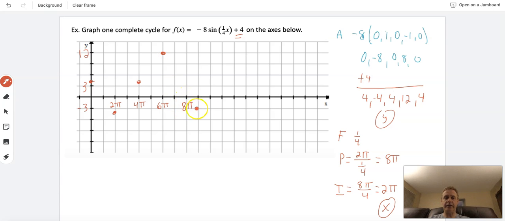And then at the last angle of 8 pi, my y value there is 4, and I'll plot that point there. And then now I'll just draw my curve through these points, remembering to do your best to make it as smooth as possible. And there would be my sine graph for this particular function.